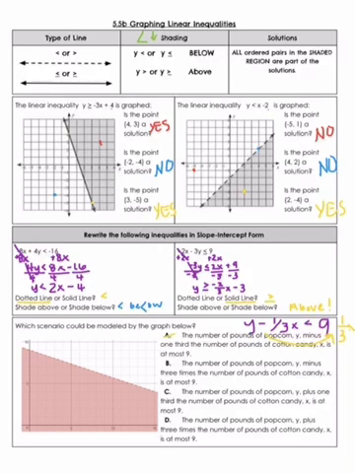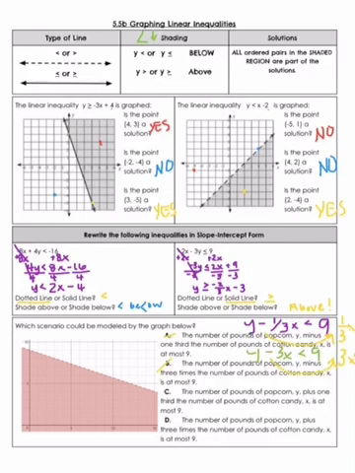The number of pounds of popcorn, y, minus 3 times the number of cotton candy is at most 9. So it has to be less than or equal to 9, or less than 9. Again, we would move the negative 3x over, which would create a positive 3x. And again, that is a positive slope, so that is incorrect.